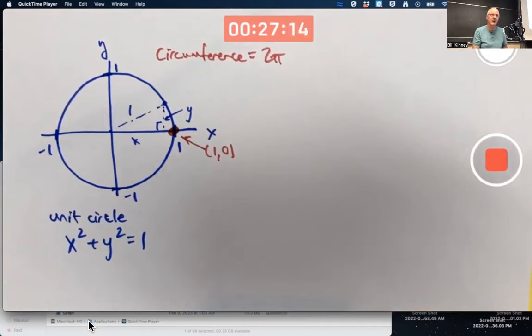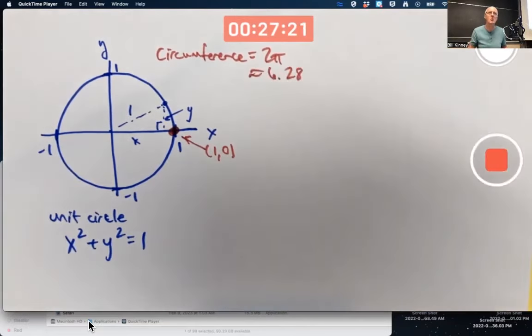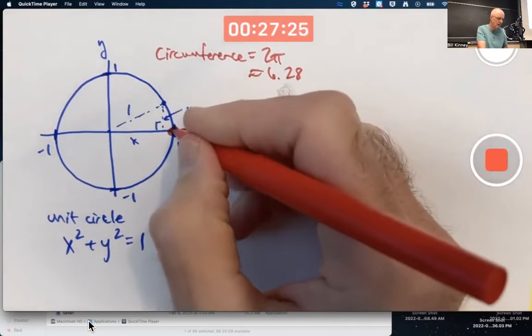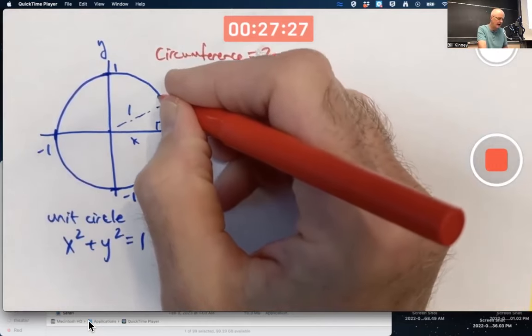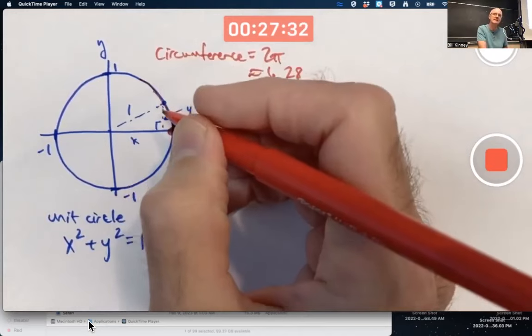So 2 pi is about 6.28. If I give TrigBug the number 2, say, here, TrigBug, here's the number 2. TrigBug will walk around the unit circle counterclockwise, because 2 is positive, 2 units of distance.